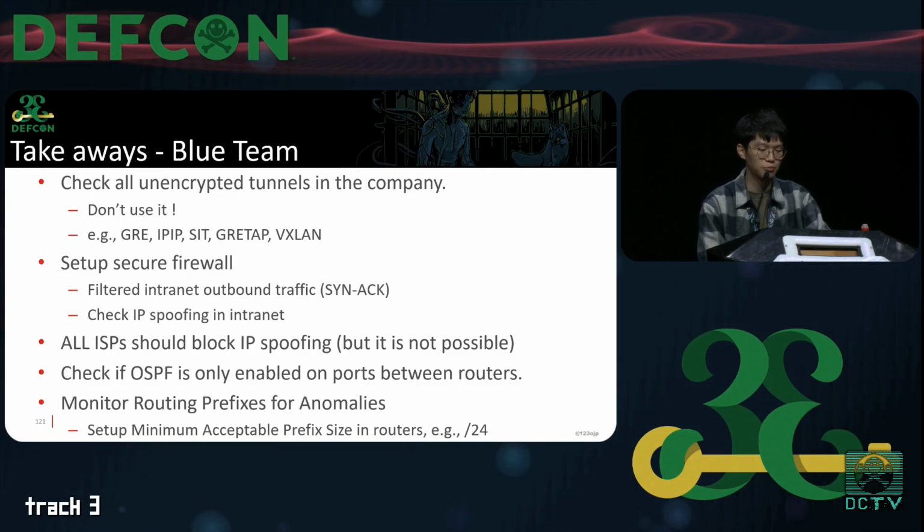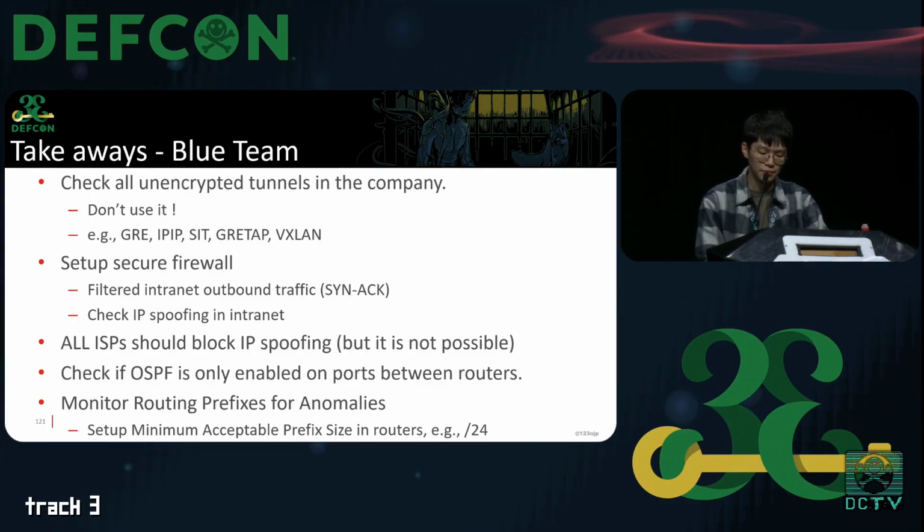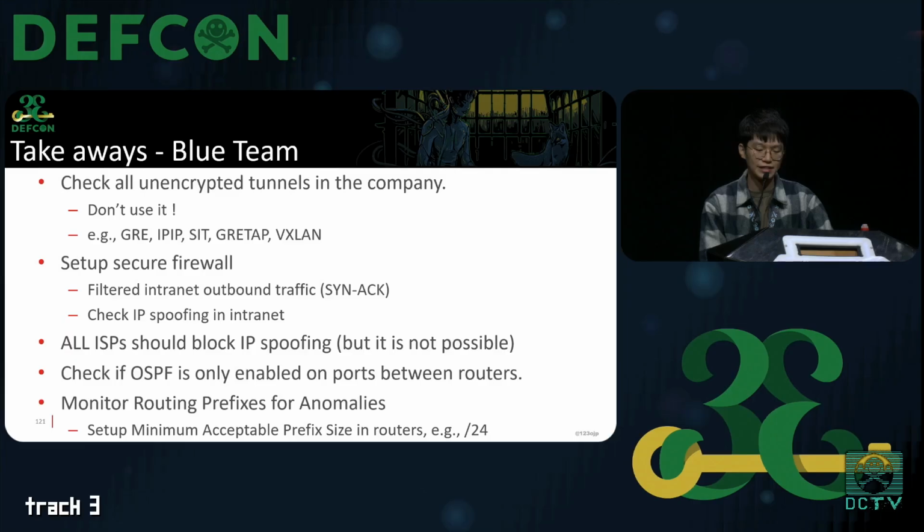Unexpected changes in a routing protocol can indicate an ongoing attack. Finally, set up a minimum accepted prefix size in your routing protocol, for example, /24. In summary, avoid unencrypted tunnels, secure your firewall, filter for IP spoofing, restrict OSPF, monitor routing, and enforce a minimum prefix size.